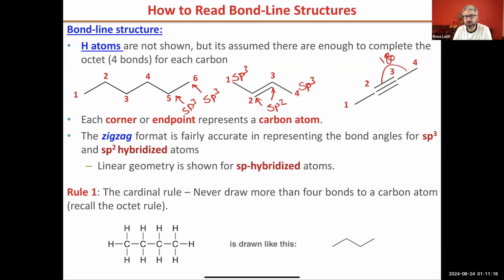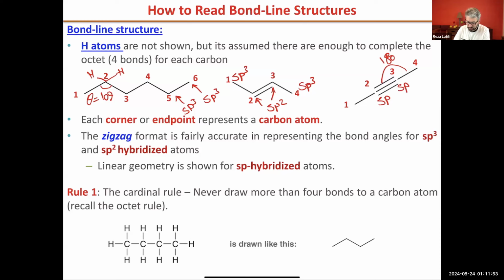Why do we use the zigzag model? It tells you that the bond angle for a carbon with tetrahedral geometry is around 109 degrees. You can still use it for sp2. It's not perfect, but it's good enough. But when it comes to sp hybridization, you have to draw it as linear.